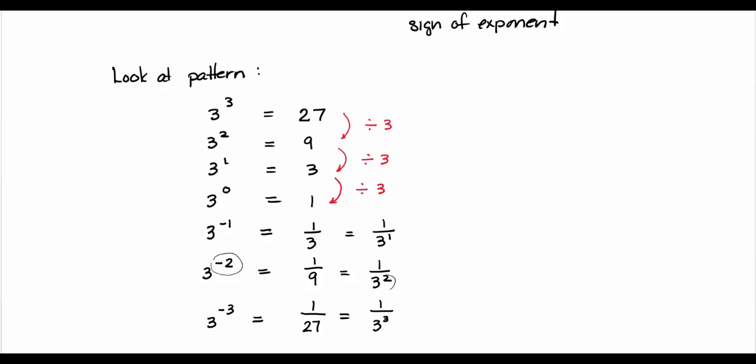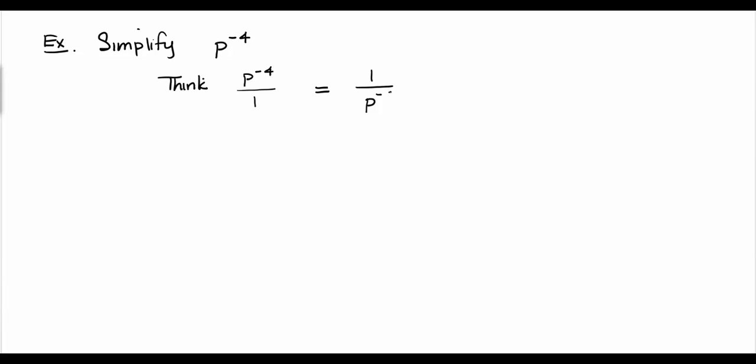Okay, so let's practice a couple examples. All right, so as an example, we'll say simplify p to the negative 4. Okay, so I'm going to think to myself, p to the negative 4 doesn't have a denominator, so I'm just going to put that over 1, right? So in that case, remember what I said, if it's a negative exponent in the numerator, I simply bring it down to the denominator, and it becomes a positive exponent.